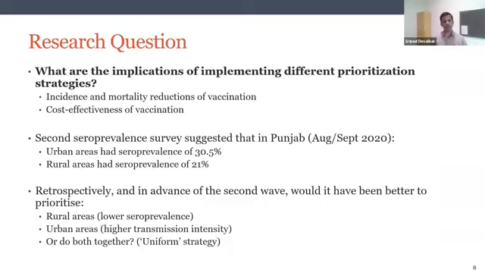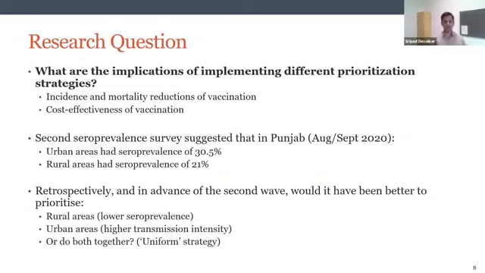And the motivation for thinking in terms of seroprevalence-based strategies, and we use Punjab as the case study for our work, is that at the end of the first wave, sometime around August and September of 2020, a sero survey was done in the state of Punjab. What was found was, in urban areas, there was a seroprevalence of about 30%.